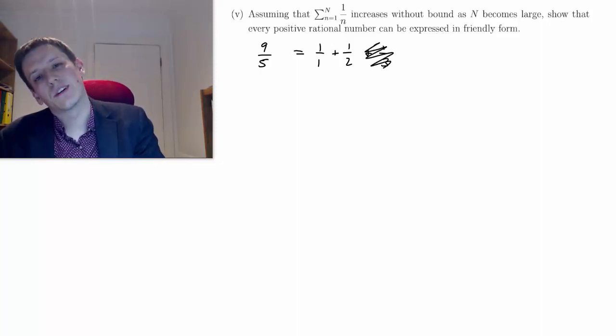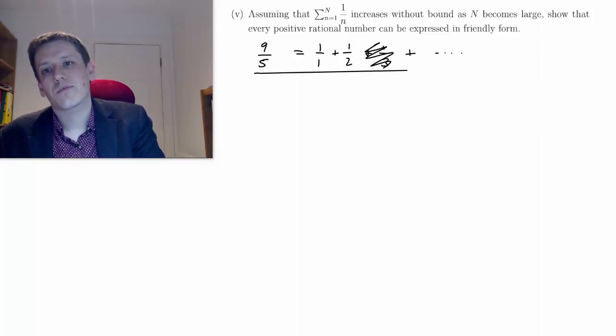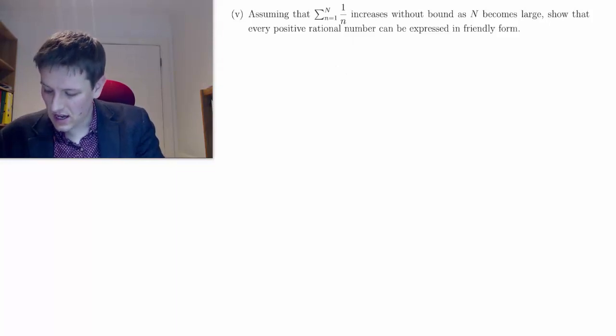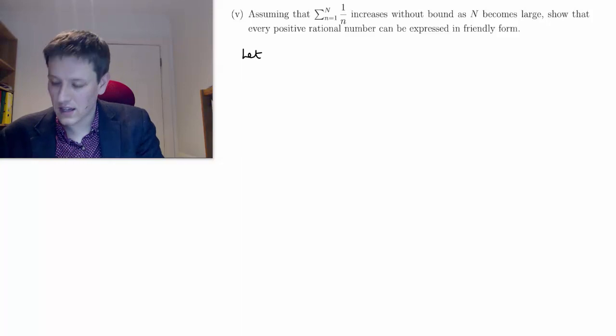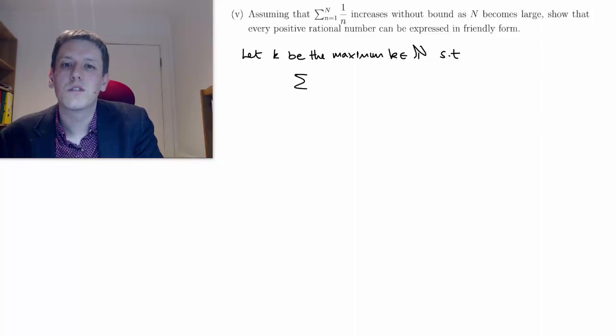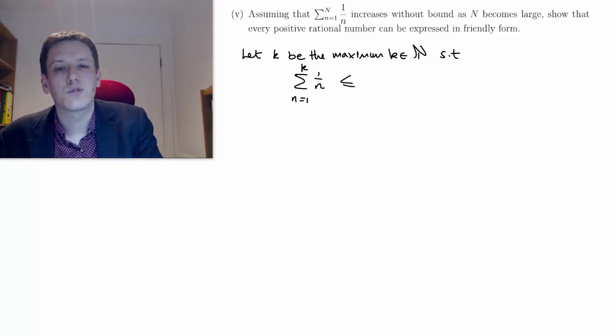But the idea is I would take as many as I needed in order to get as close as I can to this number, right? So to write that out, what I'm going to do is say let k be the maximum natural number such that the sum from n equals 1 to k of 1 divided by n is less than or equal to q.